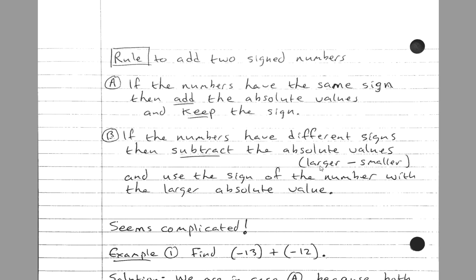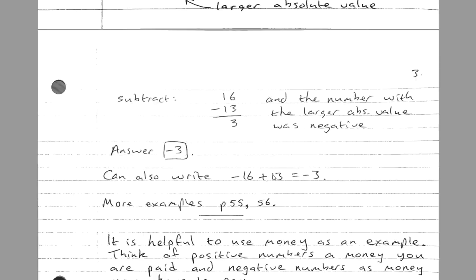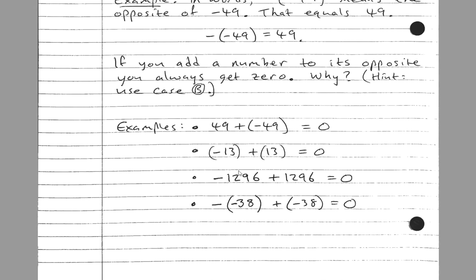So you're subtracting a number from itself, you get 0. So the answer will always be 0. So here, if we start with 49 and add its opposite, you get 0. Start with negative 13, add its opposite, you get 0.